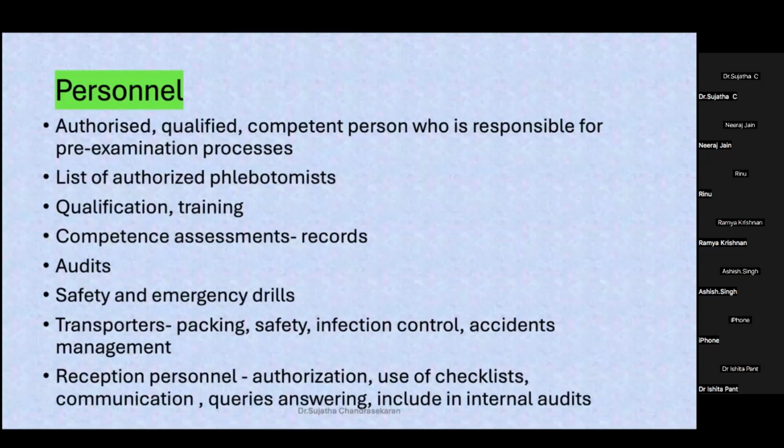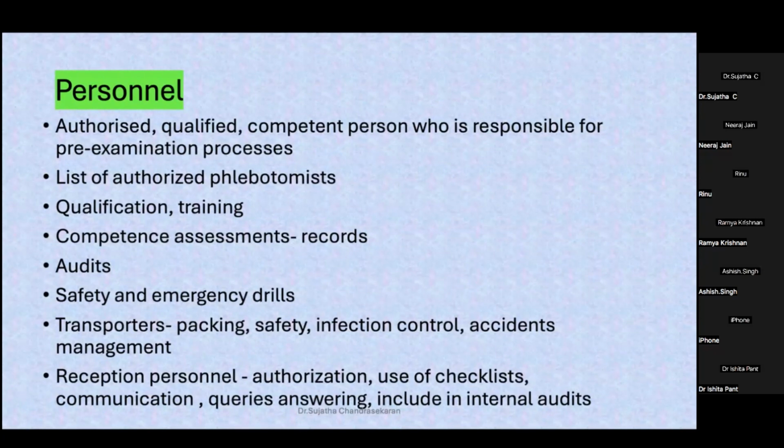Random phlebotomists collecting samples is very common nowadays with aggregators who do the home collections, right? Whoever is free on that particular day, working somewhere else, would come and collect without even knowing for which lab he is collecting or for which type of test he is collecting the sample. I'll come to that a little later.